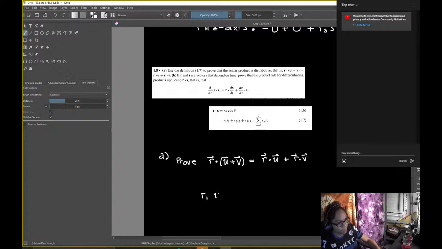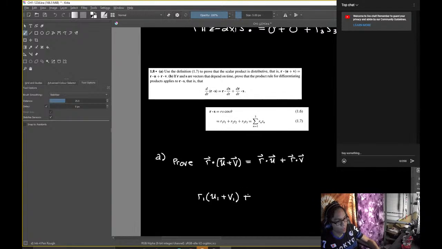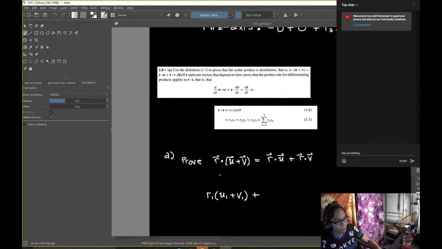Okay, I'll do it like this. R1, u1 plus v1, they're multiplied together. Nice. And then r2, u2 plus v2. Perfect. Plus r3, u3 plus v3. Let's see if this works.